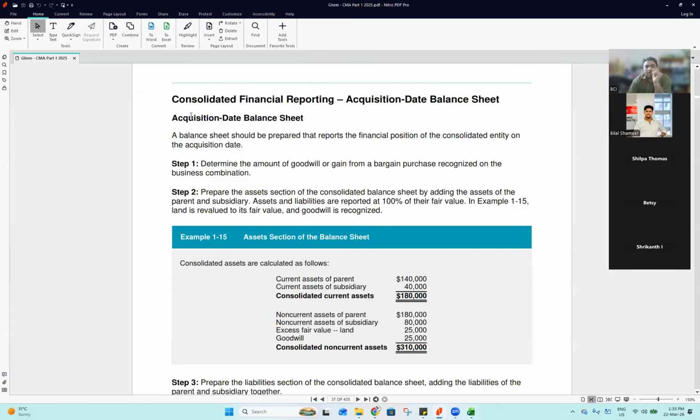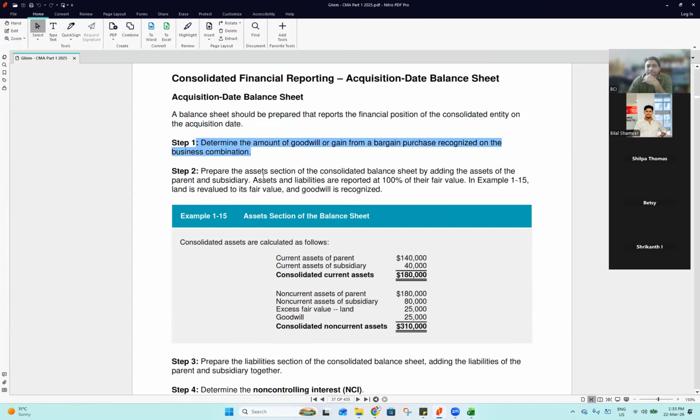That's why, for consolidated financial reporting, an acquisition date balance sheet should be prepared that reports the financial position of the consolidated entity on the acquisition date. Now, step one, determine the amount of goodwill or gain from bargain purchase recognized on the business combination. For that, prepare the asset section of the consolidated balance sheet by adding the assets of the parent and subsidiary. As a parent, assets and liabilities are reported at 100% of the fair value.